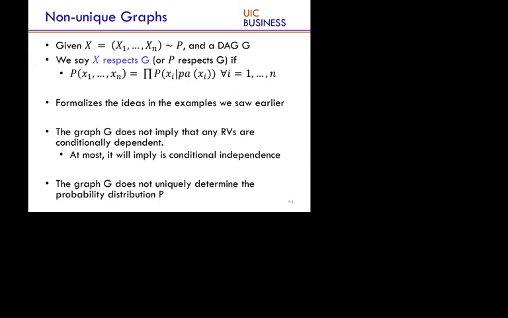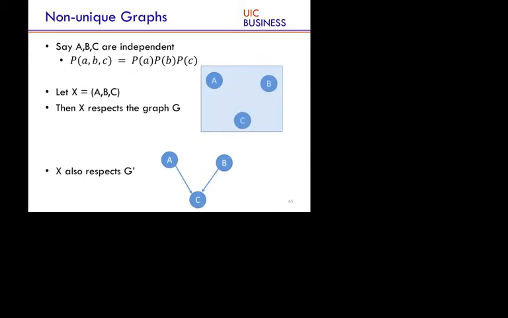An example is on the next slide. Let's say A, B, and C are independent, so the joint probability is just the product of the individual probabilities. My set X is a set of random variables, capital A, capital B, and capital C. Then X will respect this graph, because according to the rule we defined earlier, for every node we have a factor with the node itself on the left side, conditioned on the node's parents on the right side.